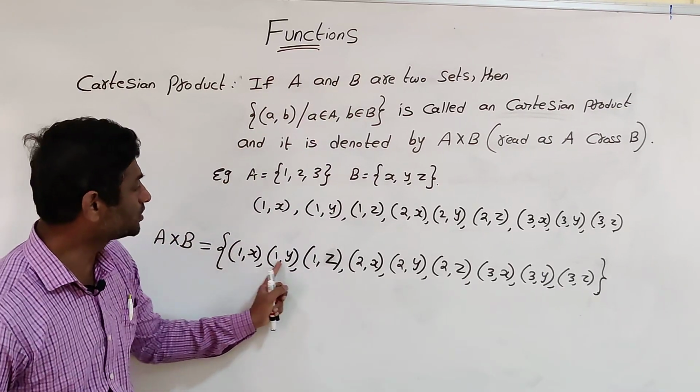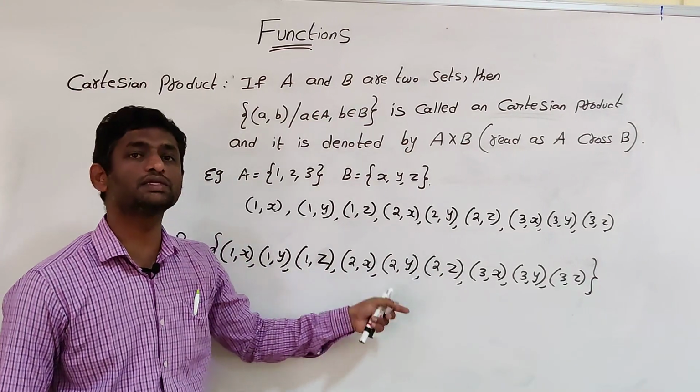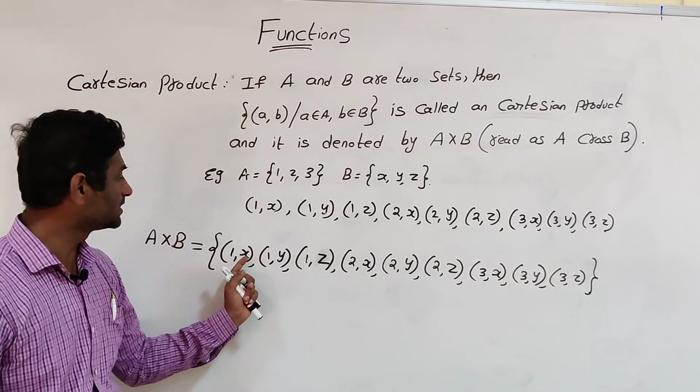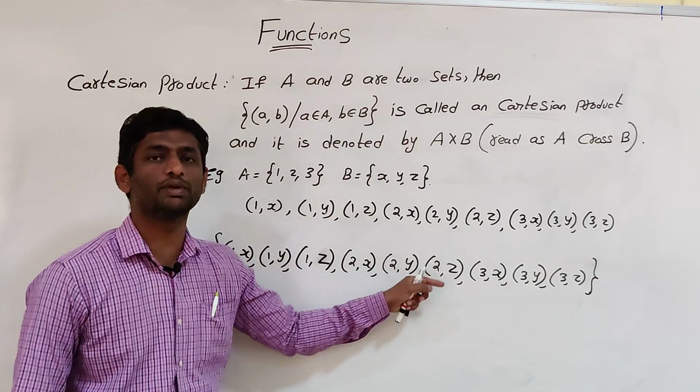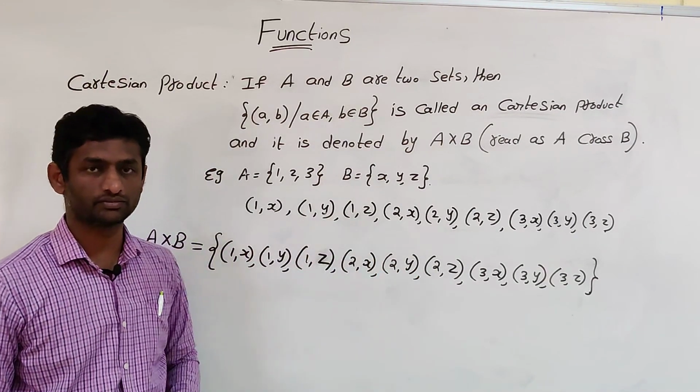It means the first components of each ordered pair are from set A, and the second components of each ordered pair are from set B.